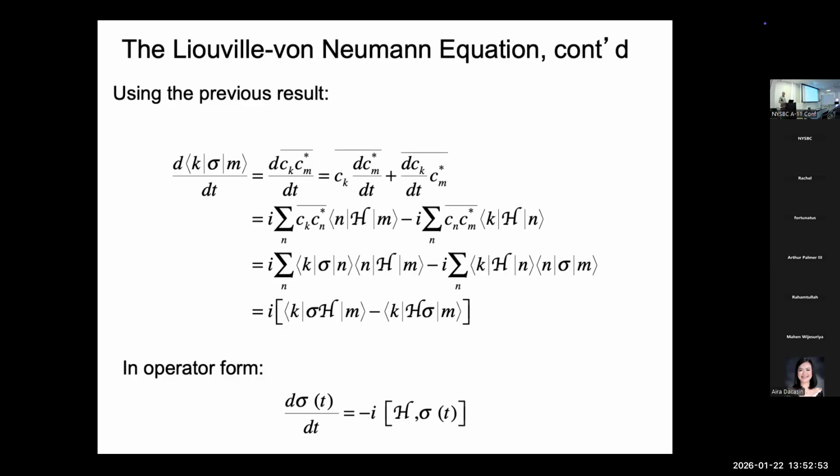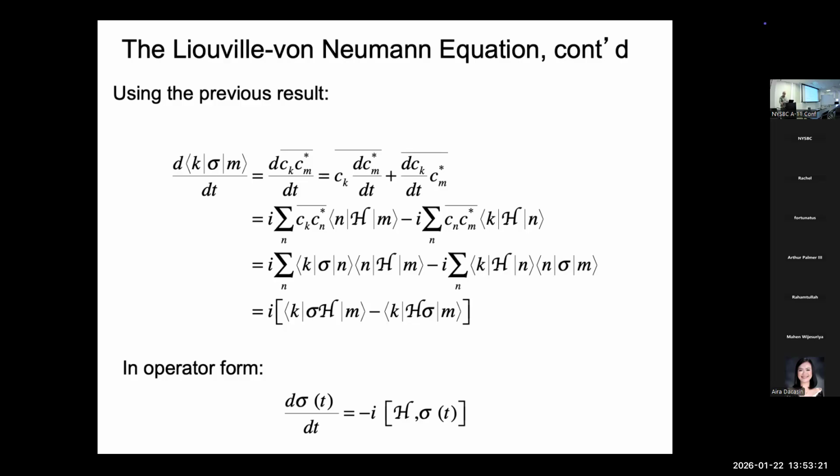Now, we started with the Schrodinger equation, and I told you to take that on faith. I could have said, let's just start with the Liouville von Neumann equation. You can take that on faith because they're the same equation. One is just averaged over a Boltzmann distribution. Either one is as good a starting point.